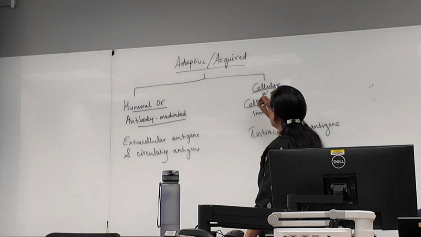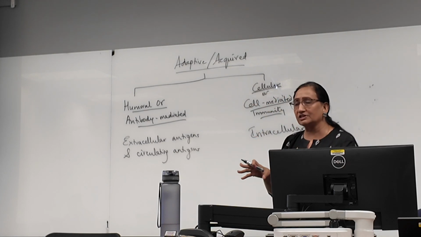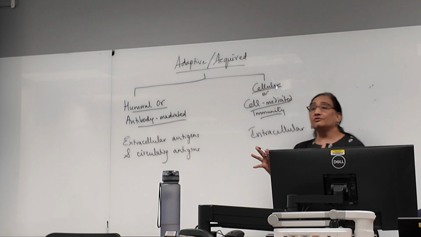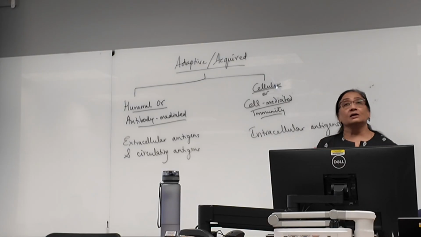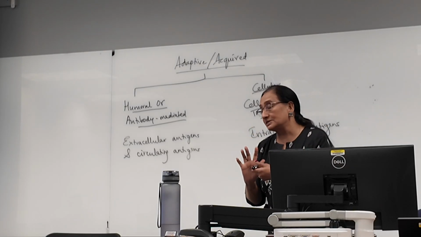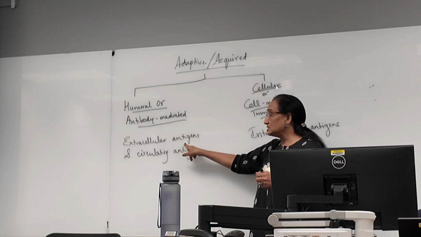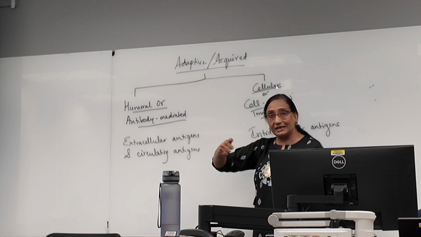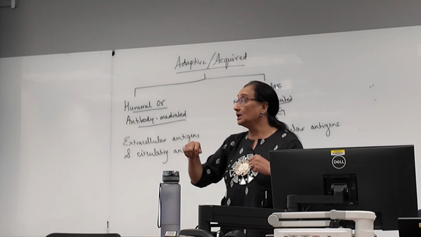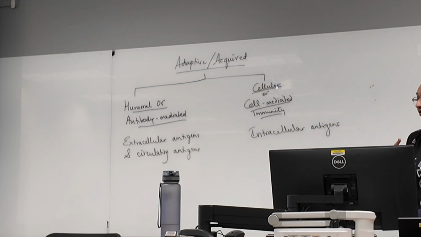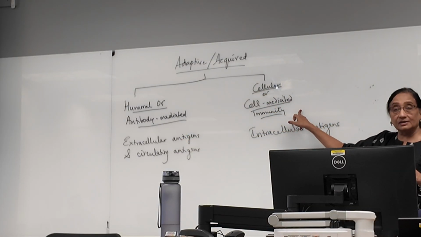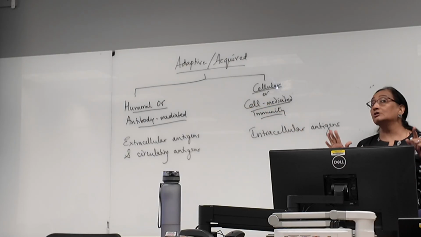It doesn't mean that for one particular type of infection only this will work, and for another one only this will work. The proportion will be different. If there are a lot of extracellular circulating pathogens in the tissues, then this will take the upper hand. If it is more of a viral infection, then this will take the upper hand. But it doesn't mean that the other one is not going to do anything.